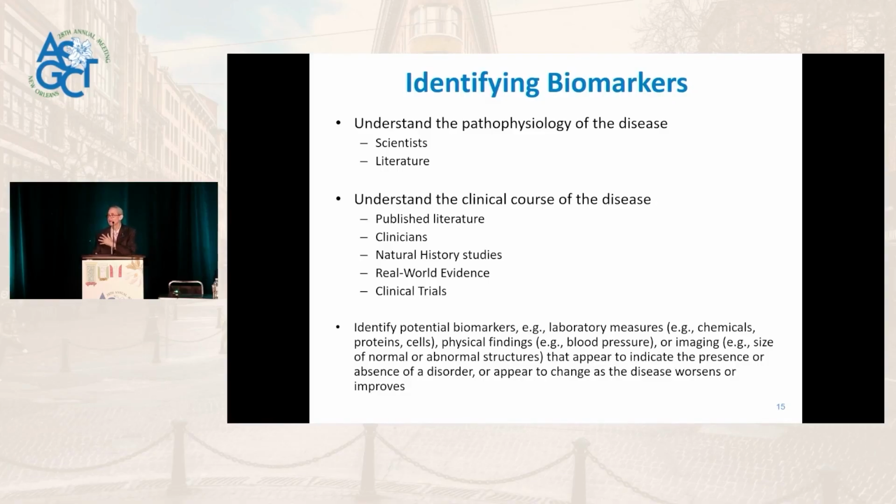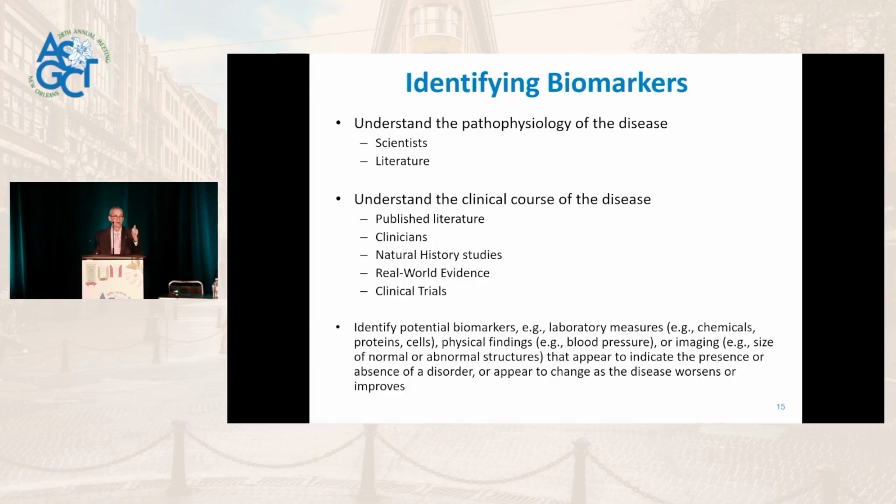How do you find a biomarker? How do you find a biomarker and a surrogate? Well, talk to people. First of all, you want to understand the pathophysiology of the disease. Talk to the scientists who understand diseases. Look at the literature about that disease. Also, try to understand not just the pathophysiology of the disease, but the clinical course of the disease.